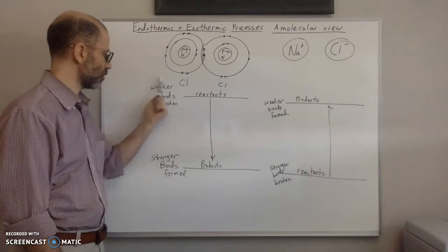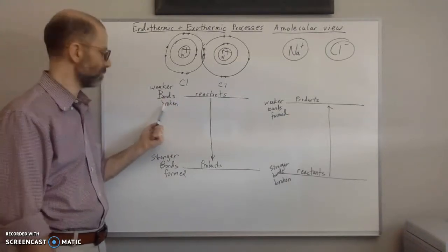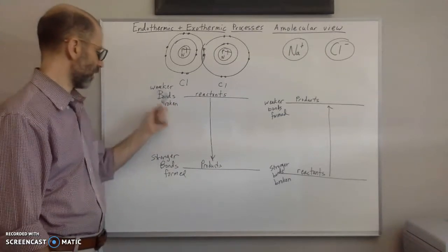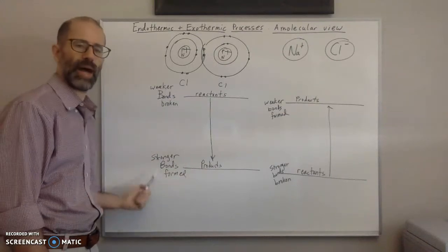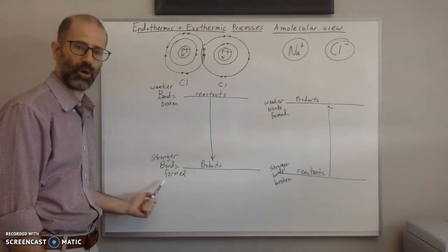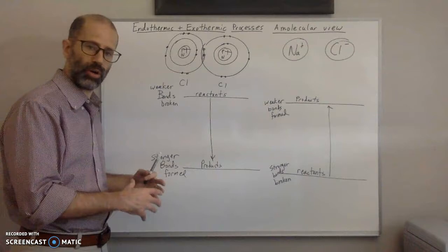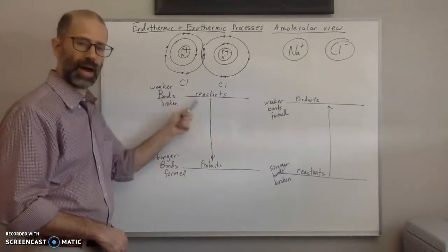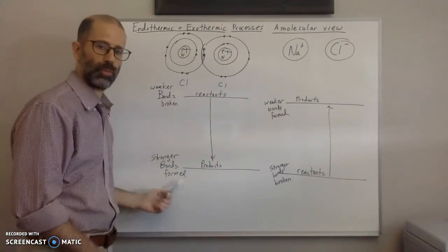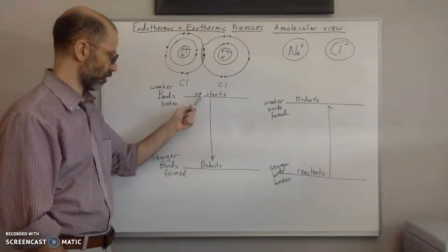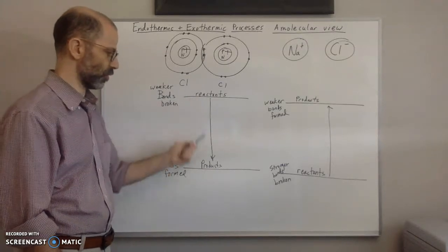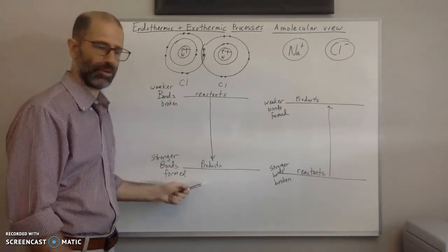So if you have weaker bonds, you can break those more easily. And then if you form stronger bonds in the products that are formed, well, that's going to be even lower energy. So you're going to go from high potential energy to low potential energy, and therefore the change in energy is going to be in the negative direction.